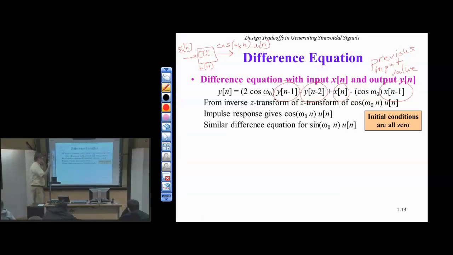And just for definition, the discrete time impulse is defined how? What happens at the origin? It's 1. And elsewhere? 0. Right, so it's 1 when n equals 0 and 0 otherwise. It's an impulsive event.